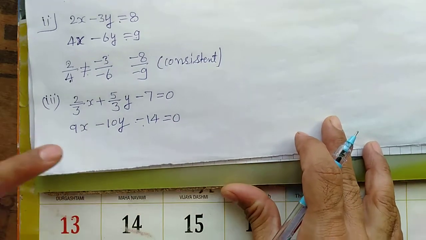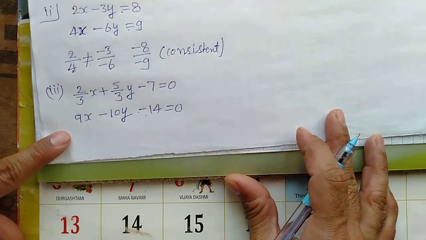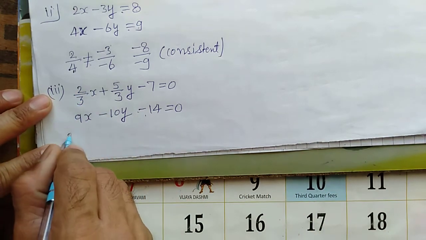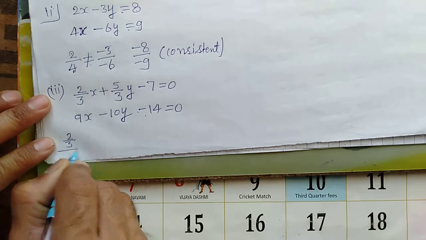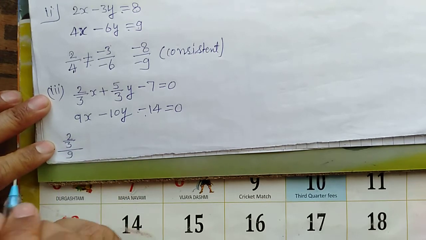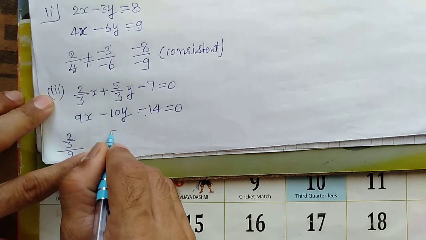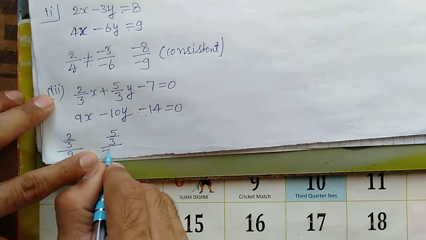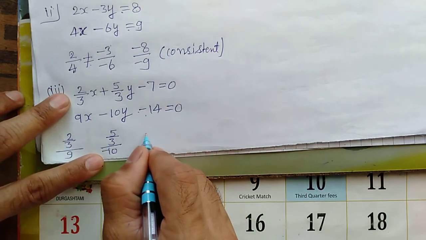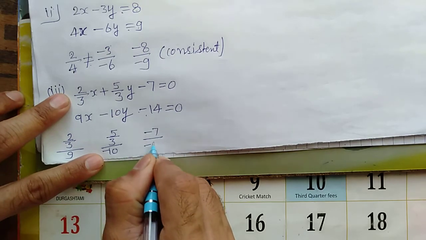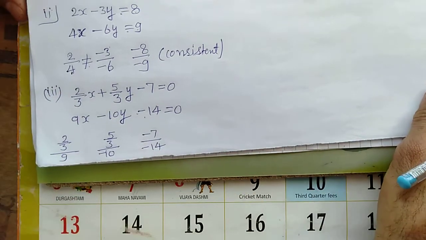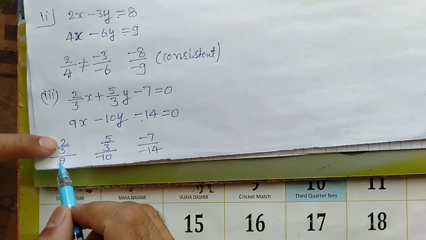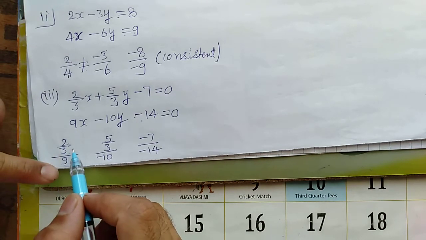And for this one also we have to take the ratio. How? 2 upon 3 upon 9. This one 5 upon 3 upon minus 10. Same here, minus 7 upon minus 14. Let's do 2 upon 3 by 9, we will have to take the reciprocal, right?